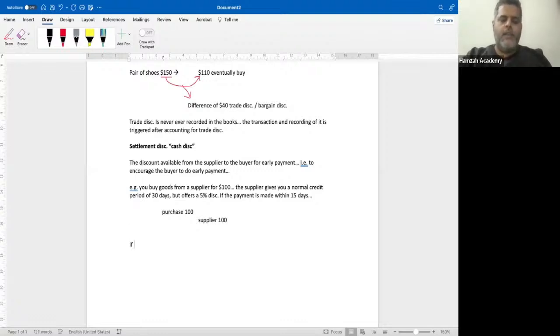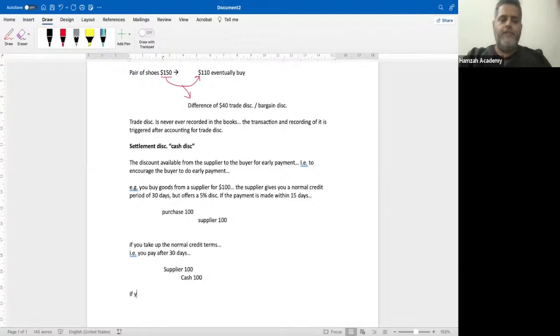Now, if you take up the normal credit terms, that is, you pay after 30 days, right? In that case, you are going to debit the supplier with 100 and you are going to credit the cash with 100, right?